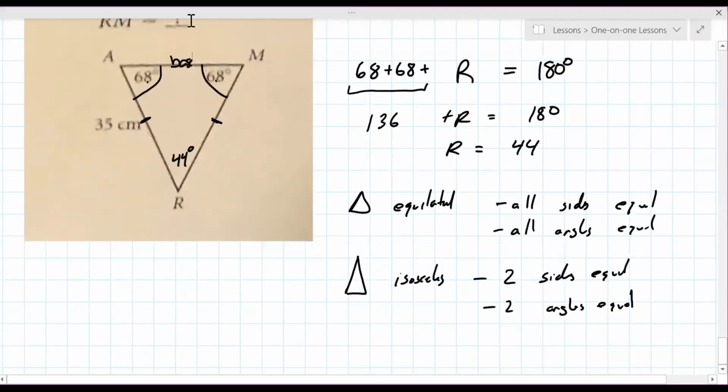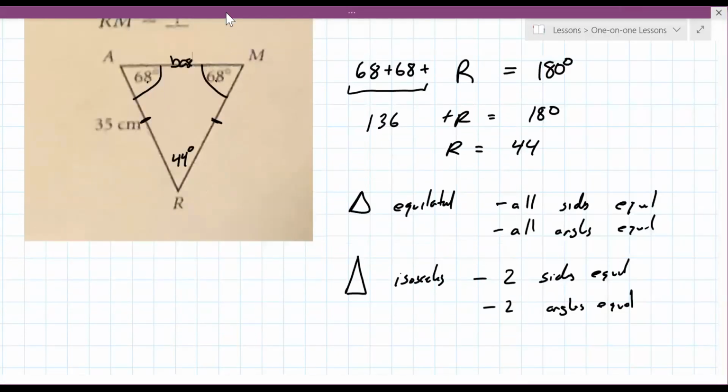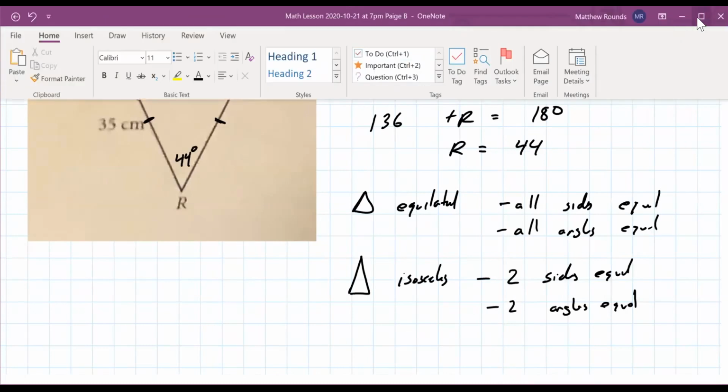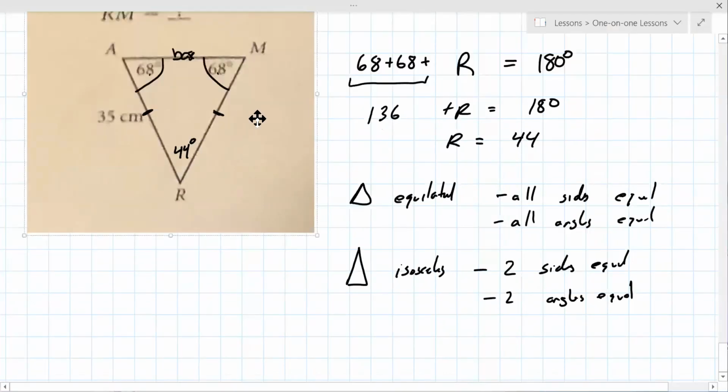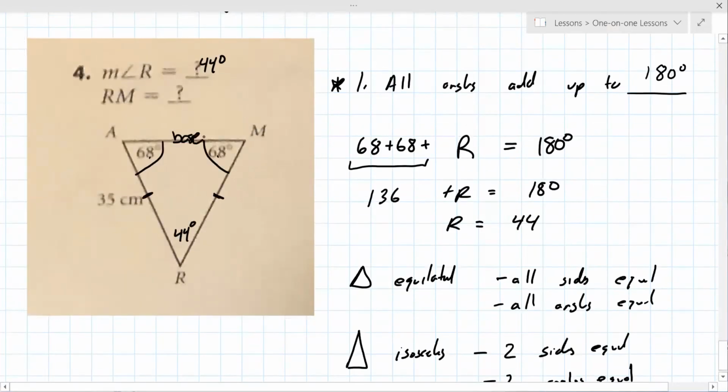Okay, the base is up here at the top. So these two sides are the same. The more traditional isosceles would be written like this, where this is A, this is M, this is R, 68, 68, and then these two sides are the same. And this is the base down here.